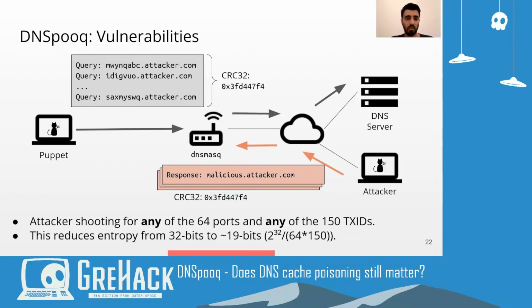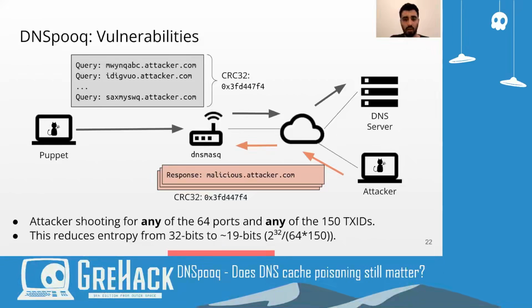DNSmask will receive these queries and forward each of them to its upstream DNS server, thus creating an FREC for each of them. Remember that the maximum number of FRECs at any given time is 150, so the attacker arranges for 150 open FRECs at any given moment.